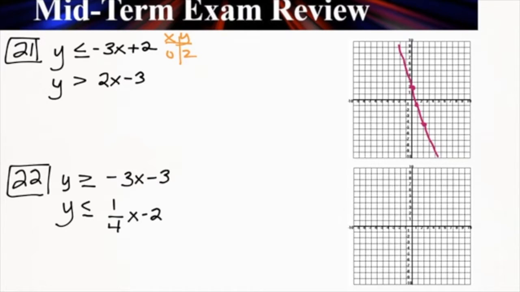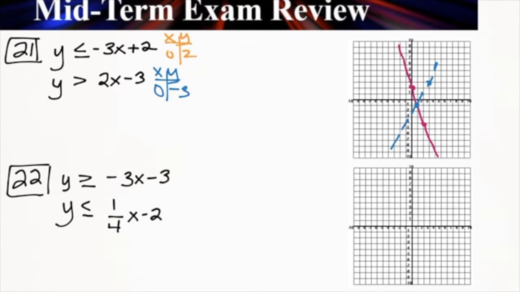All right, now for the second one, I'm going to put in 0 again, which gives me -3. So I'm going to start at -3, and then my slope is going to be 2. Draw that line. All right. Now, the second one is a dashed line. So honestly, it can't be a solution at that intersection point 1, -1.